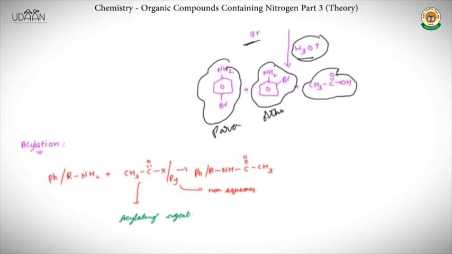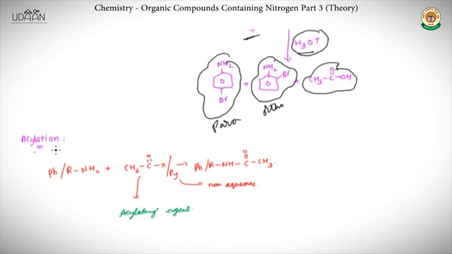Now the next part includes acylation reactions. As we have told in the previous reaction, this acylation is indicating the C double bond O CH3, which is the acyl group. That is, introducing this acyl group to this NH2 is just an acylation reaction. So you treat it with an acylating agent.